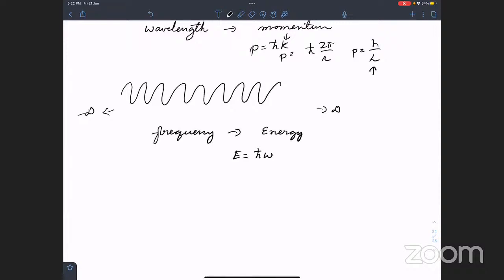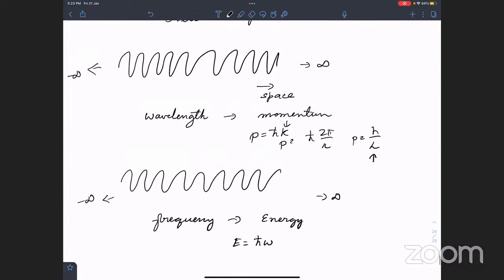So now immediately you know that any particle that doesn't have an infinite lifetime doesn't have a fixed energy. Okay, so if you tell me this particle has a fixed energy of this many joules, immediately I know that it must have existed for all time. It must continue to exist for all time. So it has infinite lifetime. Only then does it have a fixed energy. Okay. This concept is extremely important, right? Nobody clearly understands this, but this is very, very important.